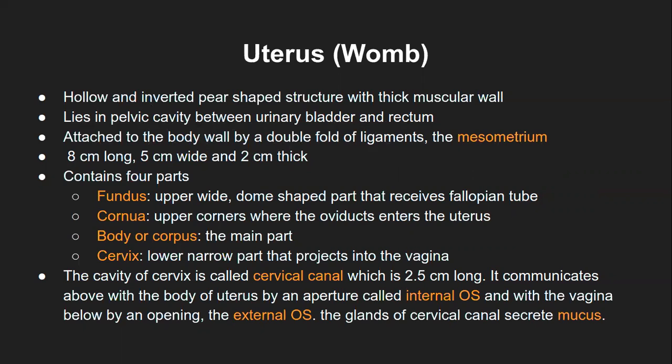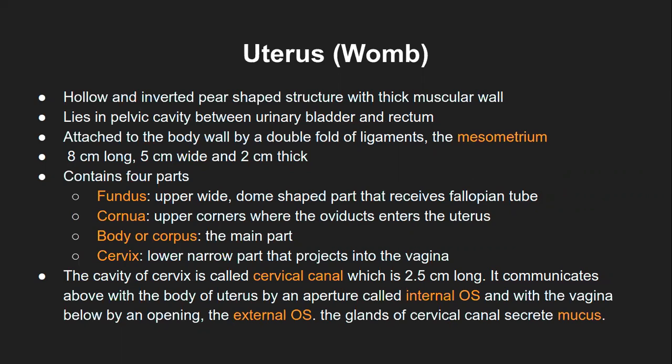Again, this is to hold the uterus in its place, otherwise it would be just floating around if it is not held by some structure, and that is why this double fold of ligament, the mesometrium, is required.